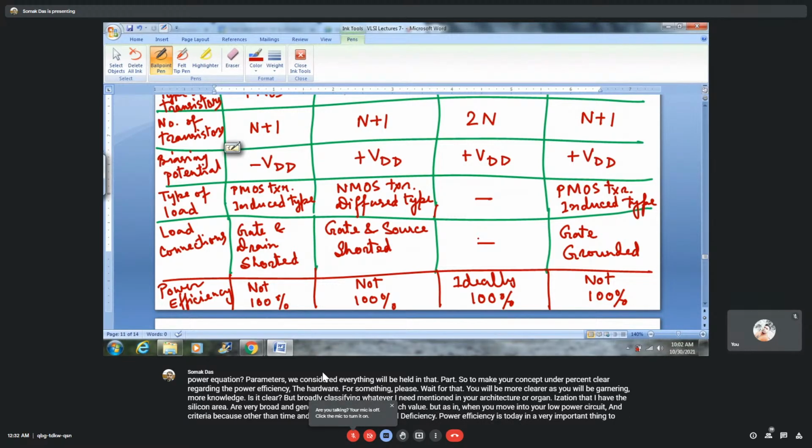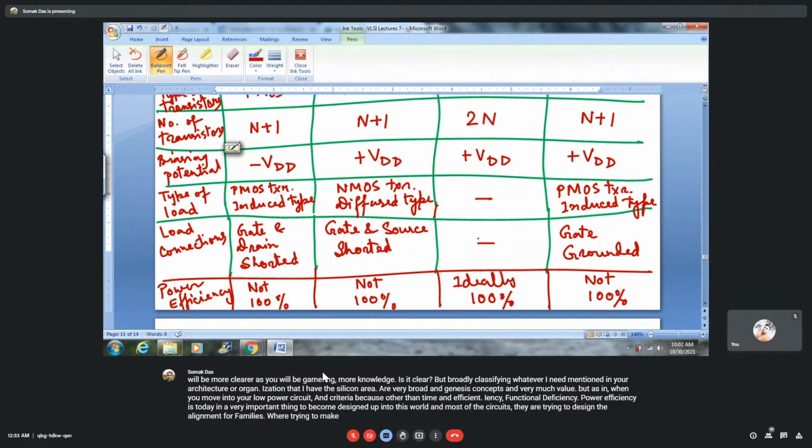In most of the circuits, they are trying to design the alignment of transistors, and they are trying to decrease the channel length of the transistors, with everything concerned with whatever will be the power consumption. So ultimately, there will be some special cases to be dealt with other than the very generic concept which we have learned and which is valid.